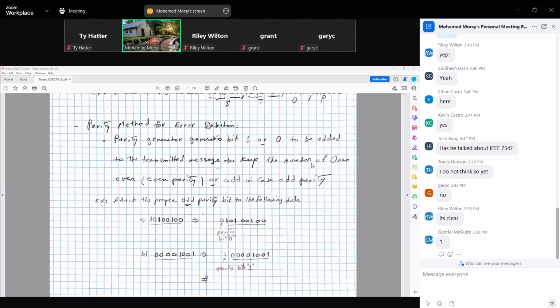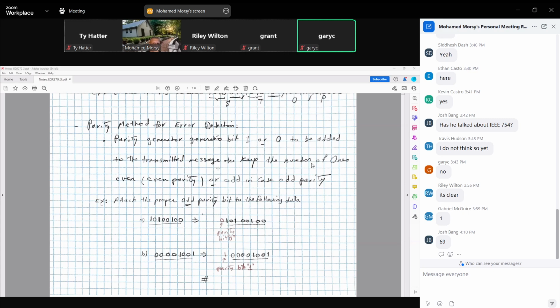Odd parity means when I send a message, the whole number of bit ones, if we add the ones, is an odd number. We know the difference between odd number and even number, right? Odd number, like what? Give me an example for an odd number. 3, perfect. What's your code here? 7? Yes. Thank you.